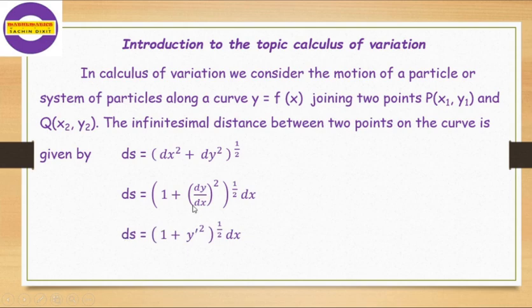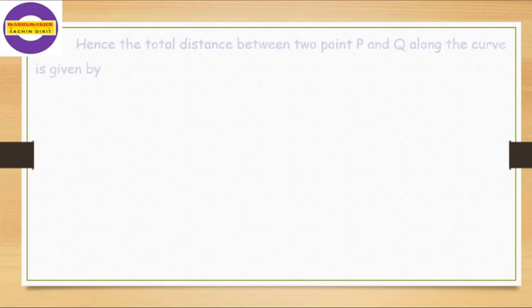But dy by dx can be written as y dash. Hence ds equals (1 plus y dash square) whole raised to half dx. This is the value of ds.